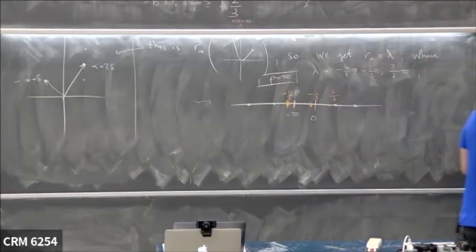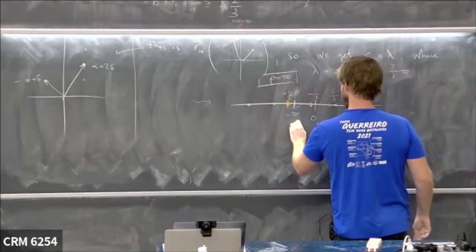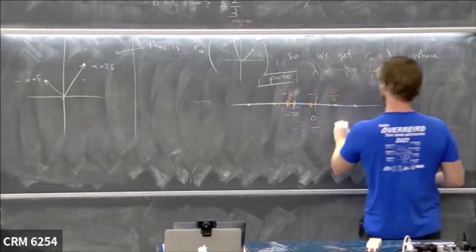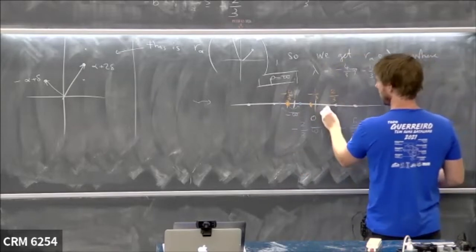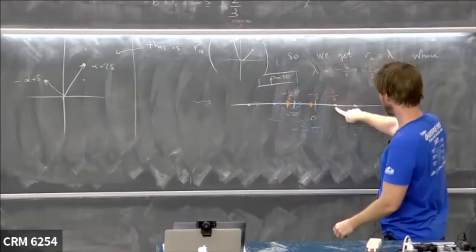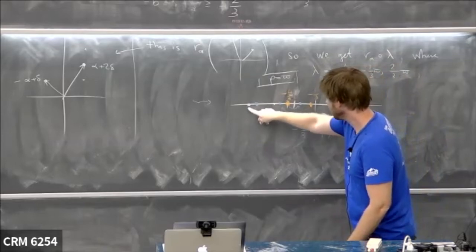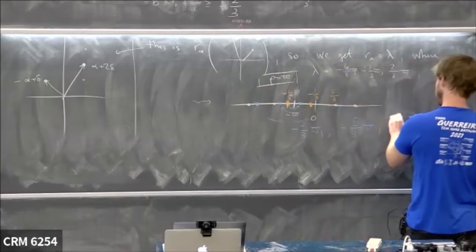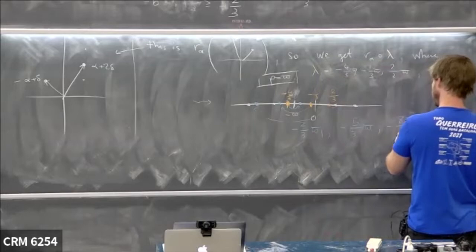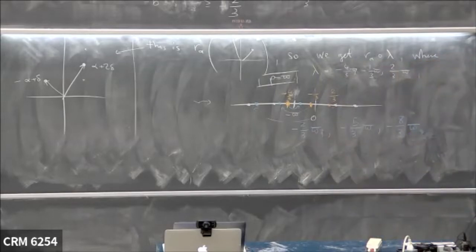So these should reflect to, let's see, minus 2/3, minus 5/3, and what's that? Minus 3, minus 6, minus 9, minus 8/3. They should go down in steps of 3. Okay, so we get 9, if I'm right, admissible weights in this case.